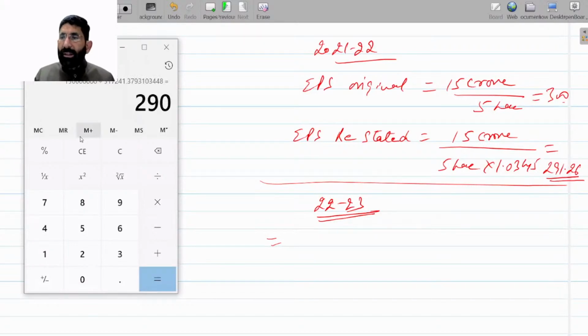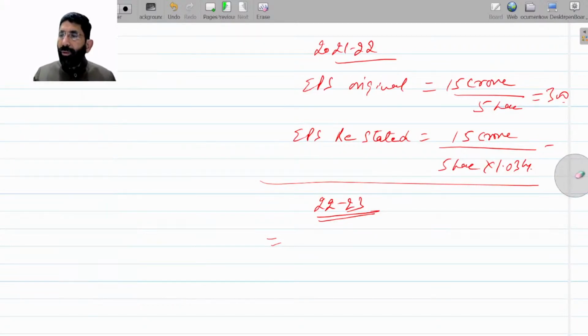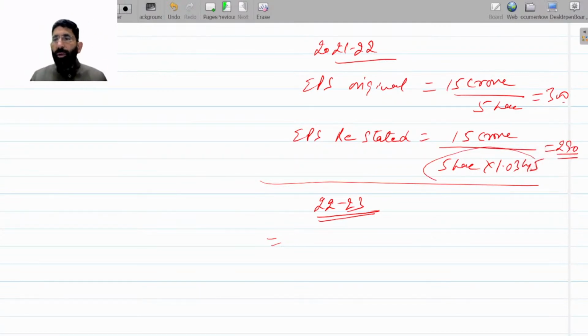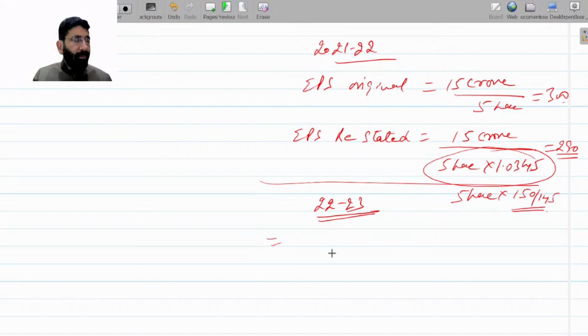It is 290 exactly. If you do it with proper calculation, it will be 290, beta. Exact 290 will come. You may also do it by 5 lakh into 150 divided by 145. You may do it like this also.